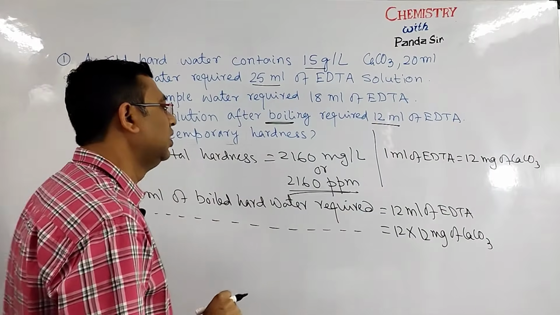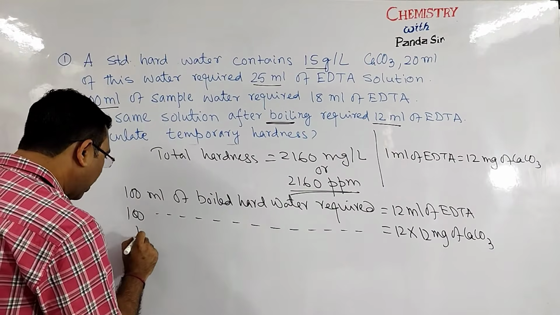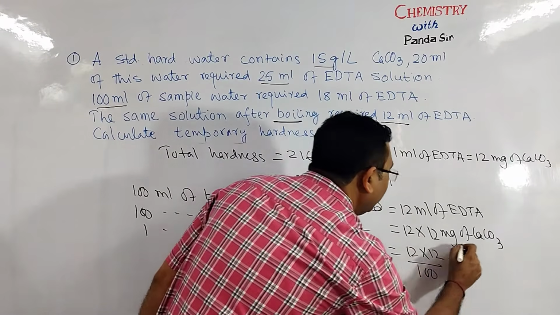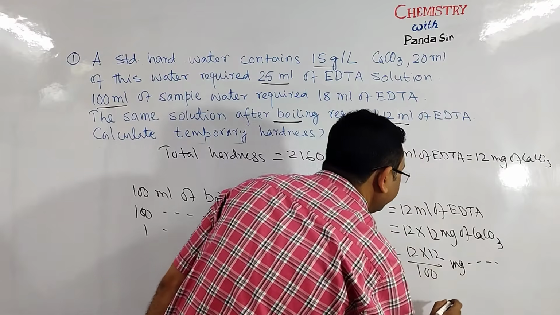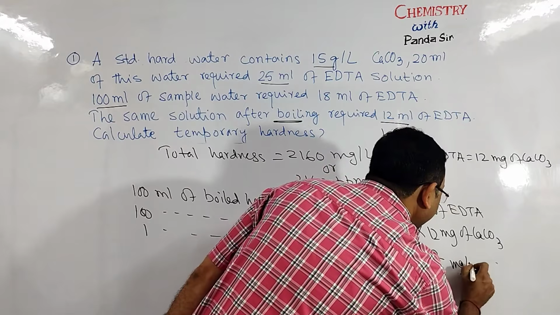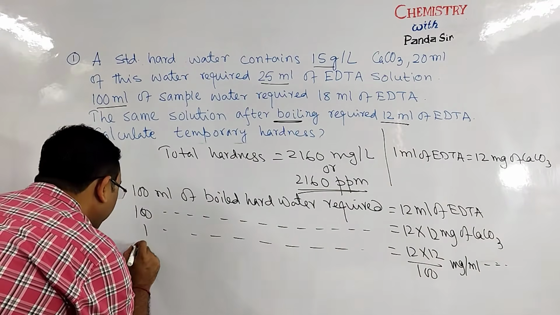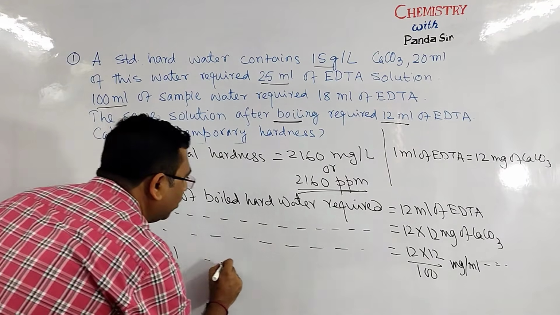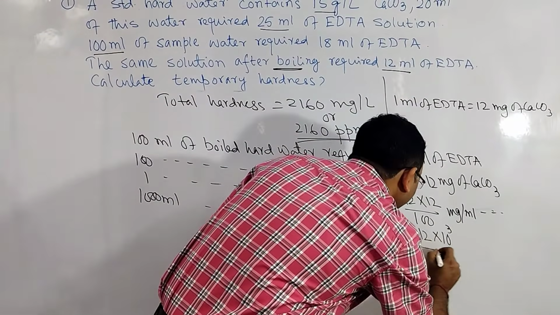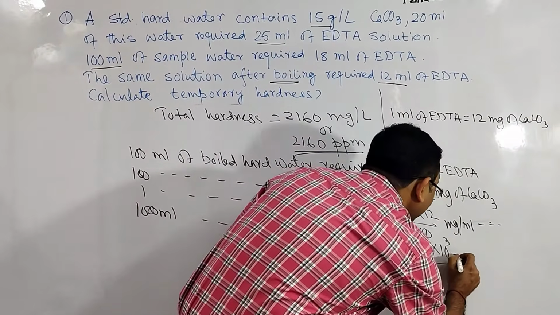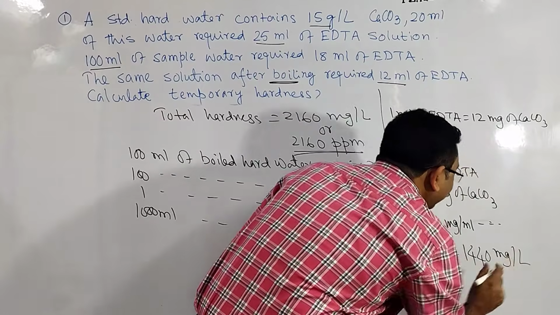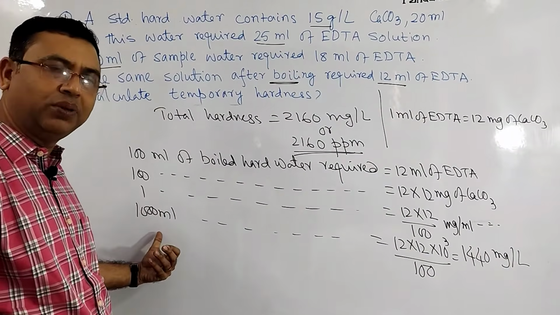Now for 1 ml obviously it requires less, so 12 into 12 by 100 milligram per ml of CaCO3. For 1000 ml, 12 into 12 into 1000 divided by 100 equals 1440 milligram per liter, because the moment you multiply by 1000 ml, it becomes liter.